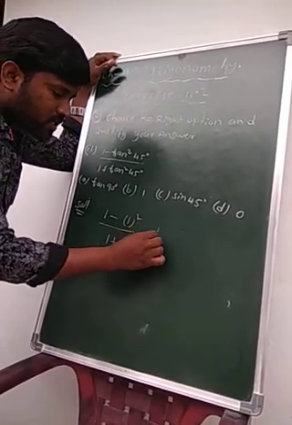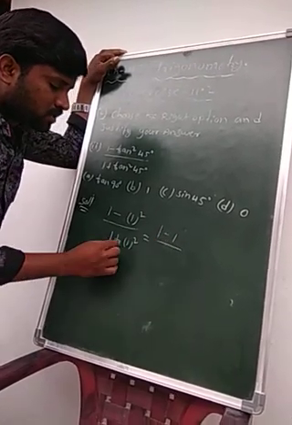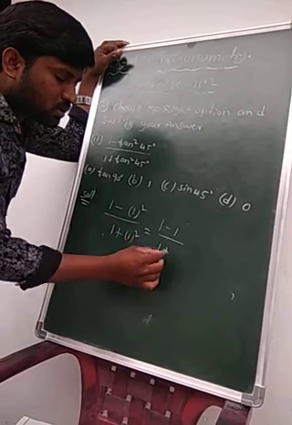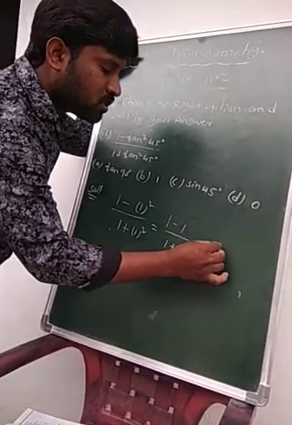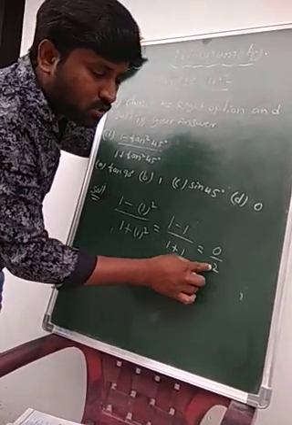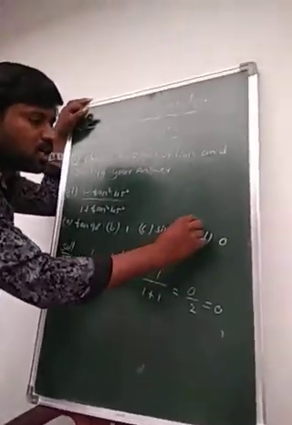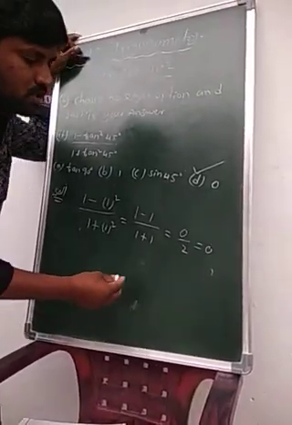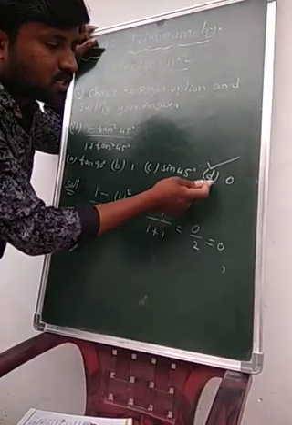So we can write it as 1 minus 1 whole square means 1 only, by 1 plus 1 whole square means that is 1. So 1 minus 1, that is 0, by 1 plus 1, that is 2. So 0 by something is always what? That is 0. Which option is the correct in that? Option D. So 0 by 2 is equal to 0. So which option is the correct? That is D.